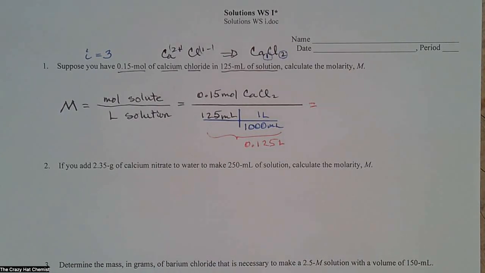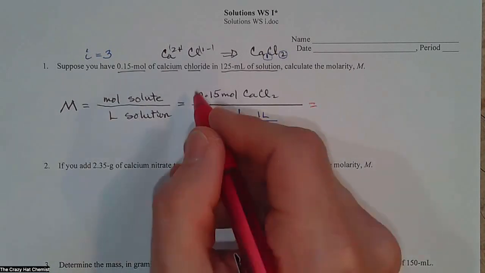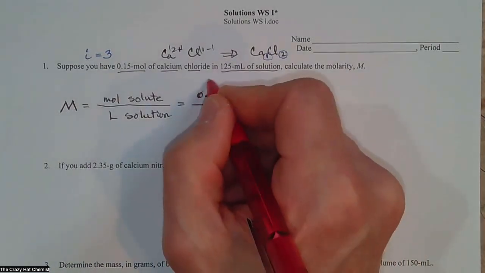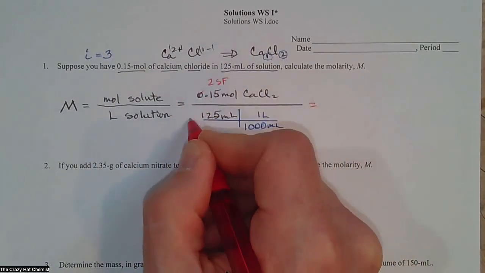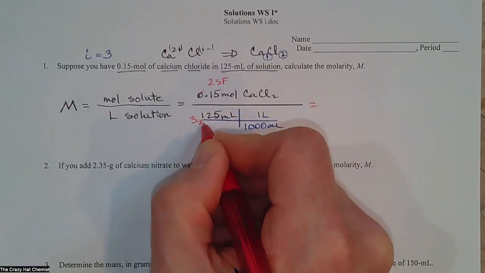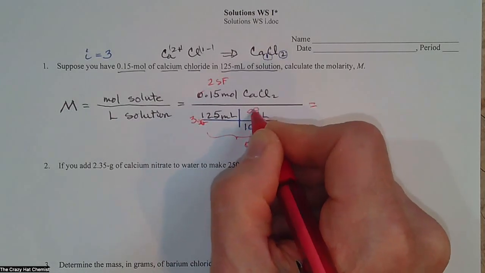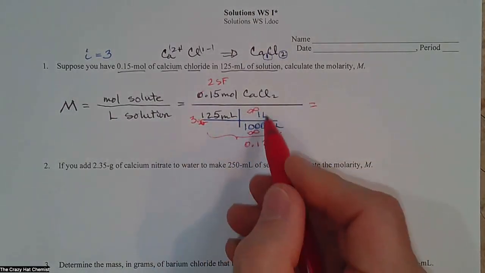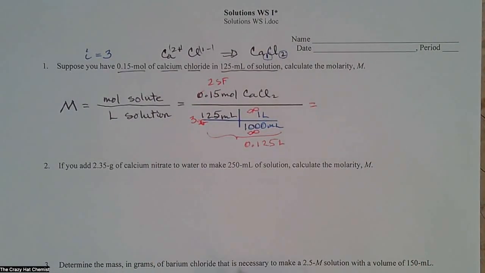This is a multiplication division problem, so you're going to have to round this according to the fewest number of significant figures. Leading zeros do not count. Remember, this has 2 significant figures. This has 3 significant figures, and this has an infinite number because this is a definition. So the fewest number of significant figures I have on this problem is 2. So just like what we've been doing in the stoichiometry unit, we're going to have number, units, formula.